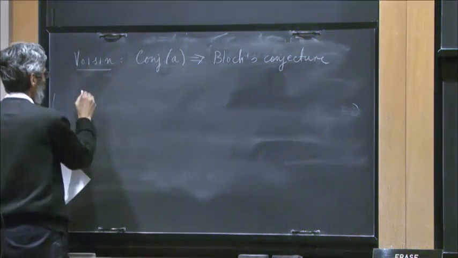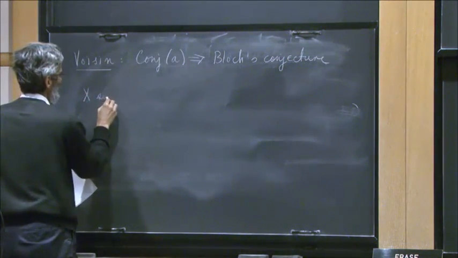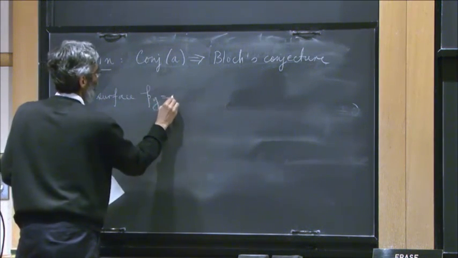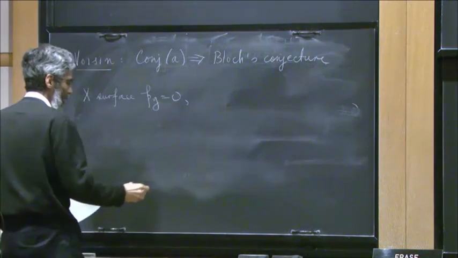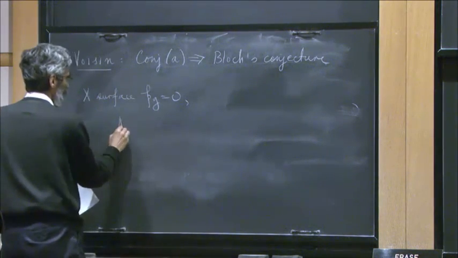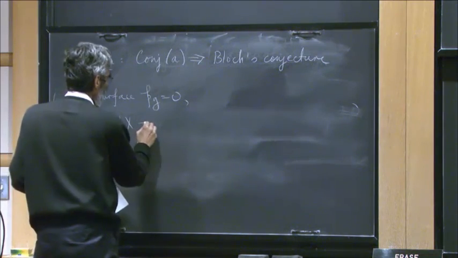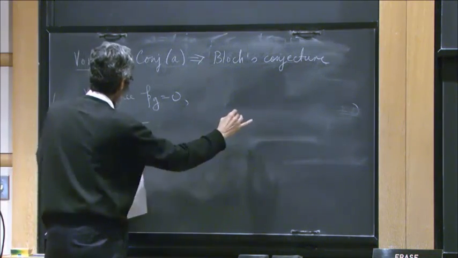So if X is your surface with p_g equal to 0, then you always have the diagonal minus some other stuff.